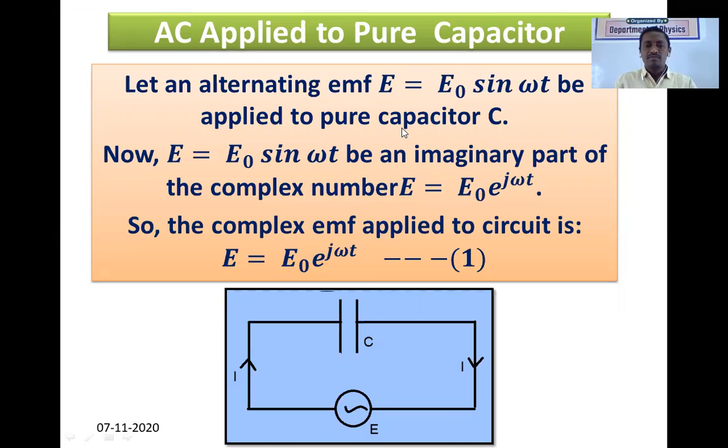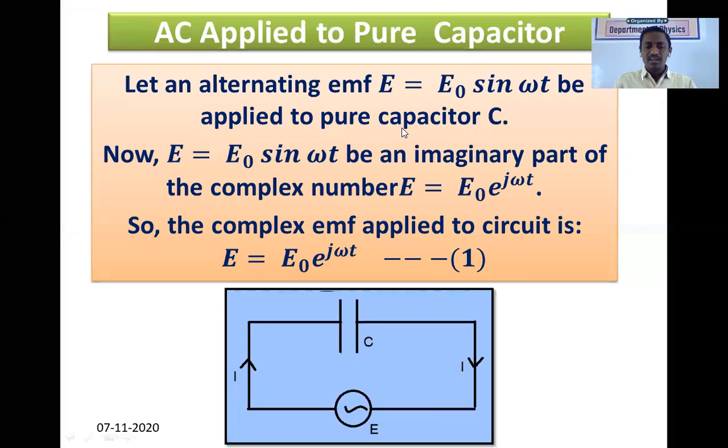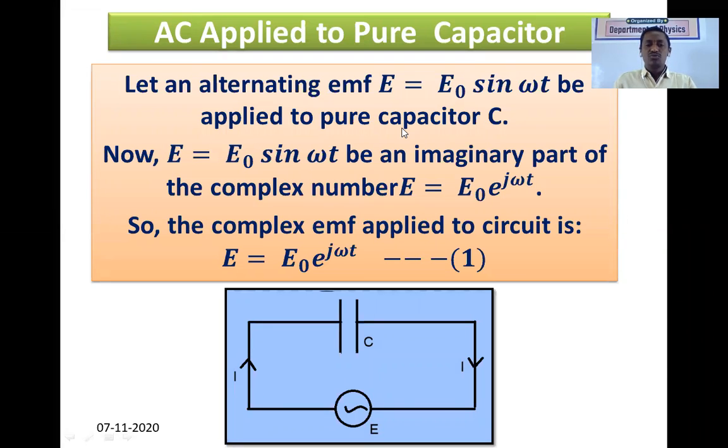The first paragraph in these 3 articles, the previous 2 articles and this article, is the same, so it is very simple for you to start any article. Equation 1 gives you the value of applied EMF to the circuit containing a capacitor only.